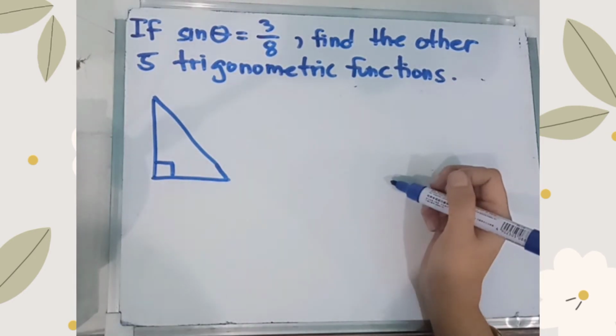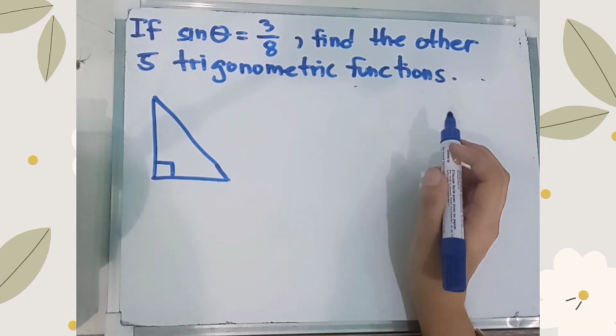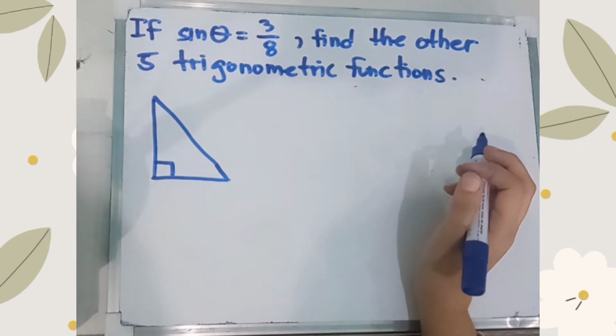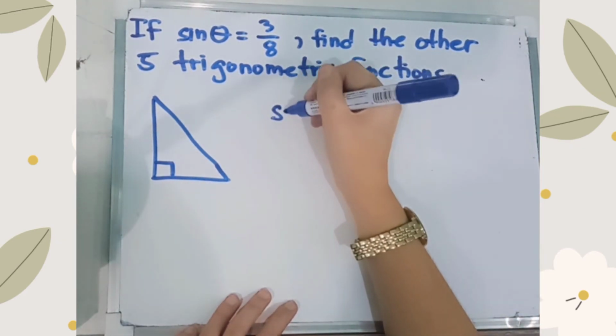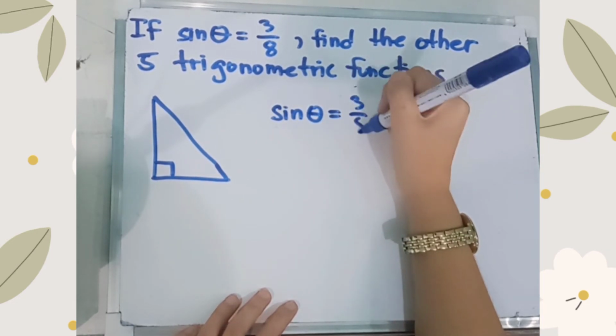We now proceed to example number 2. If sine theta is equal to 3 over 8, find the other 5 trigonometric functions. Sine theta is given, which is 3 over 8.